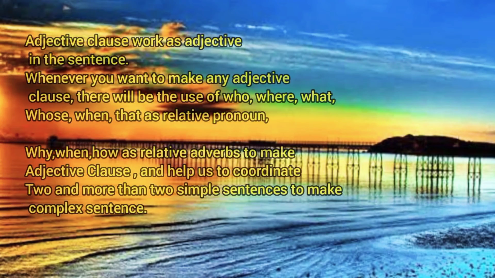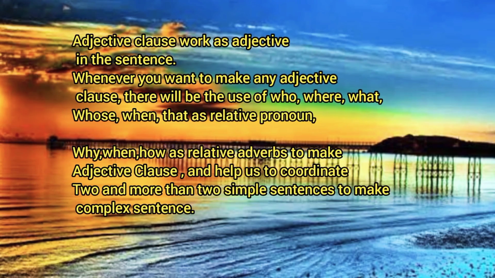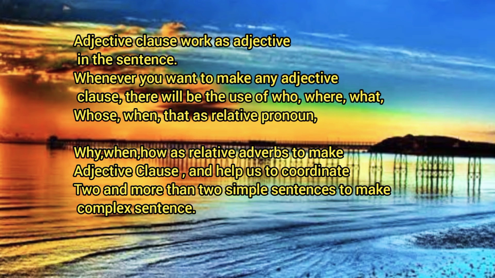An adjective clause works as an adjective in the sentence, and whenever you want to make any adjective clause, there will be the use of who, where, what, whose, when, that as relative pronouns, and why, when, how as relative adverbs, right, which help us to coordinate two simple statements to make a complex sentence.